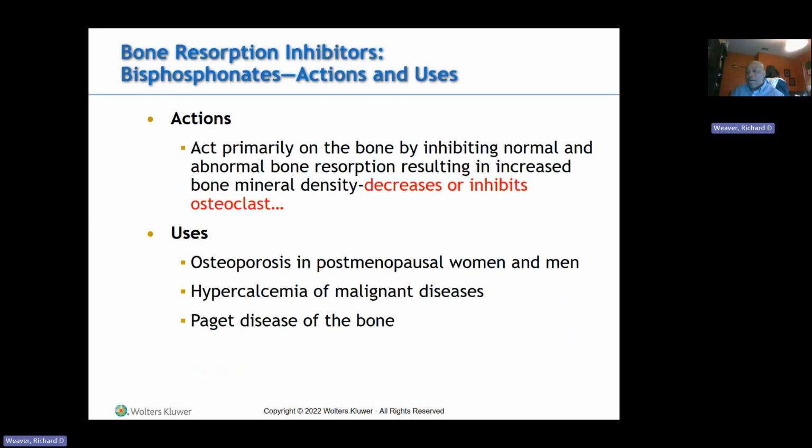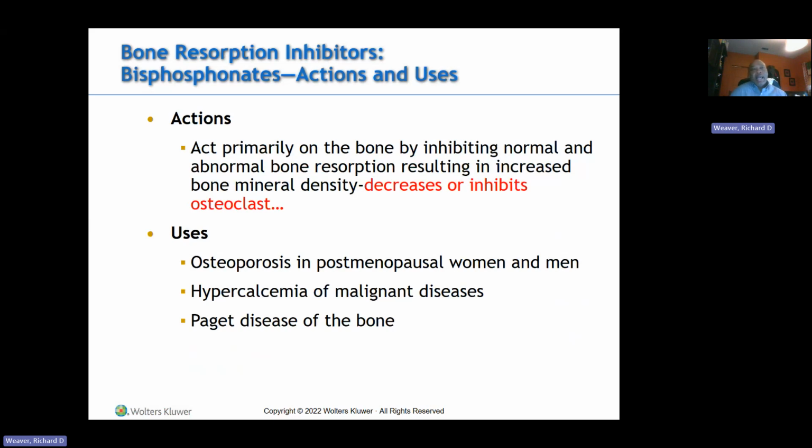Now, the bisphosphonates and also some of the newer biologic drugs are helping to reduce these fractures, and also help those who have Paget's disease. Paget's disease is a bone growth and weakening condition as well. But these drugs are helping to reduce the incidence of these conditions.